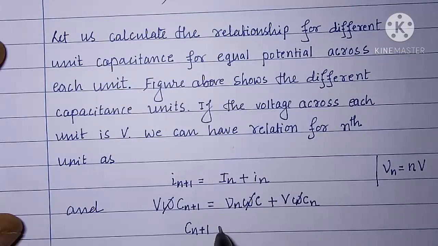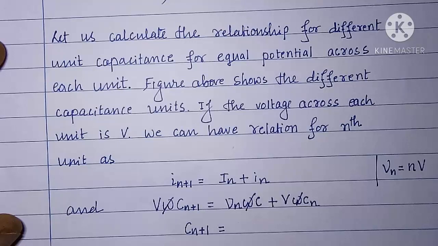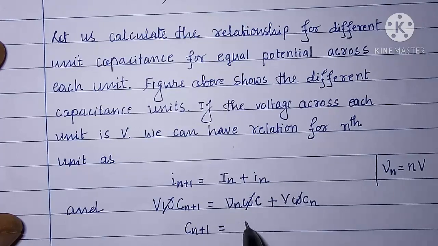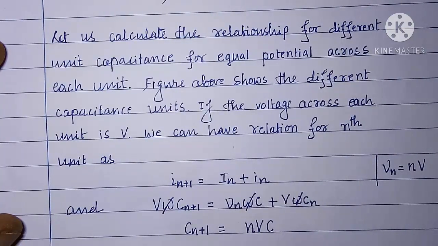And we can write for Cn plus 1 equal to, replacing this Vn by n into V into C plus V into Cn.